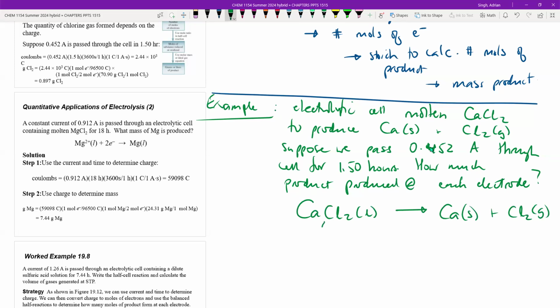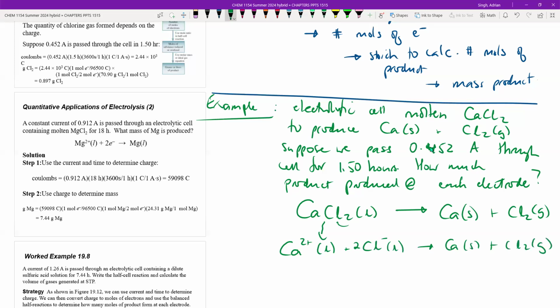Remember, calcium chloride is an ionic compound. We're going to get Ca2+ liquid plus Cl-, and we have two of these, for stoichiometry, to produce Ca solid and Cl2 gas.